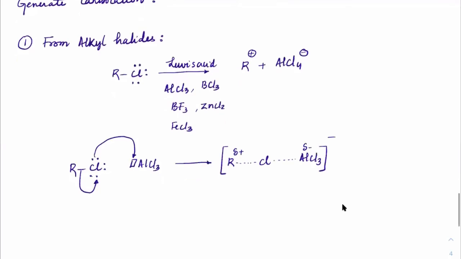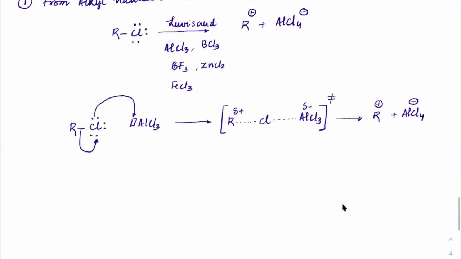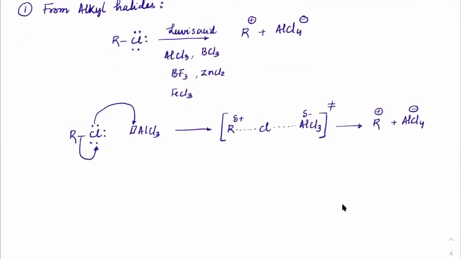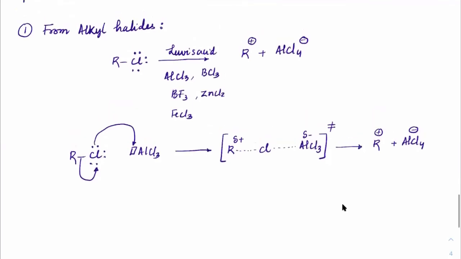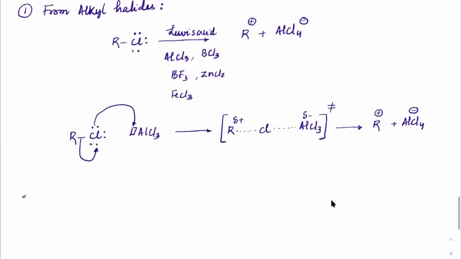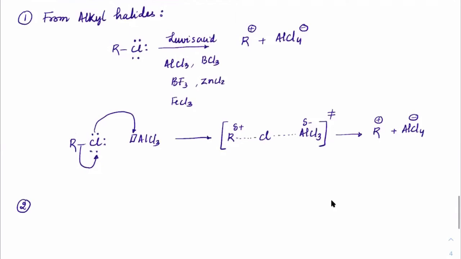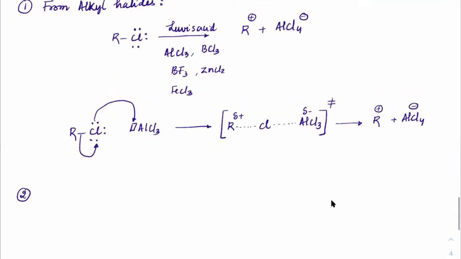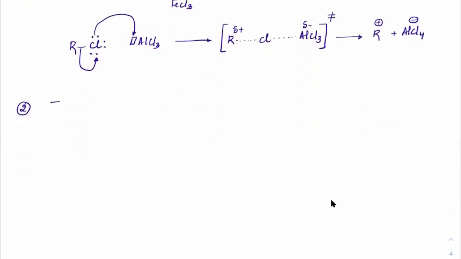This is the transition state through which it is going, and from that it is getting R+ and AlCl4 minus. That's how it is forming a carbocation. Right, everybody? I guess this point is clear. So this is the way we can generate the carbocation using alkyl halides. Let us see the second way of creating alkyl carbocations. This is from alcohols.